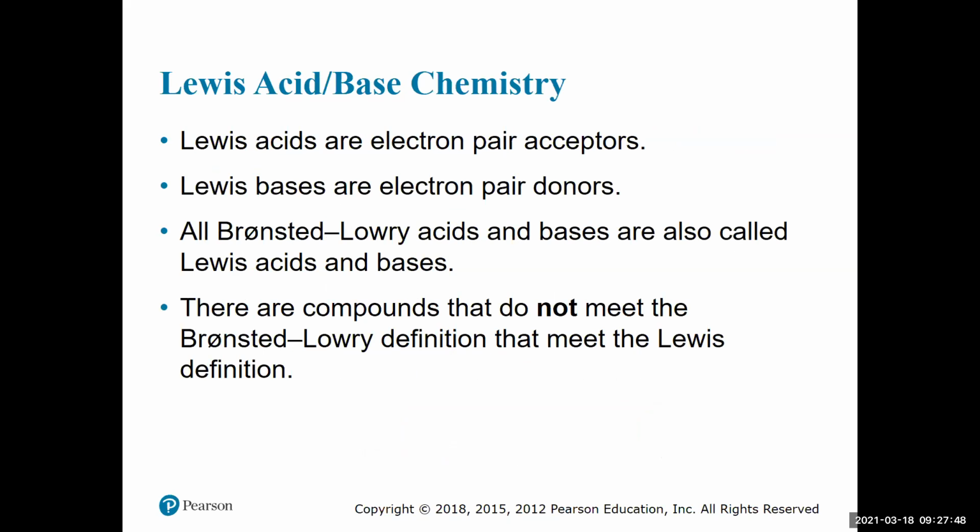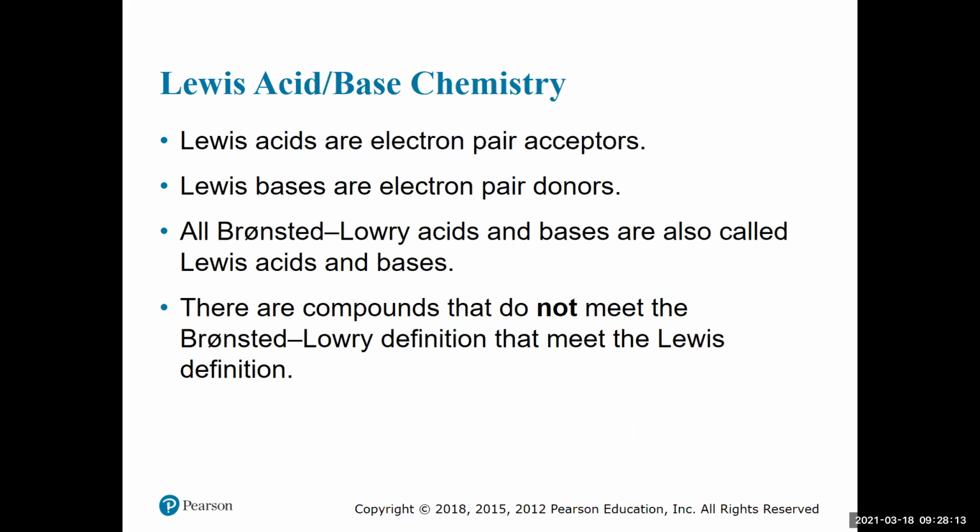Okay, so everything we've been talking about with acid-base chemistry has centered around moving protons, either picking them up or losing them and things like that. There is another type of acid and base definition, which does not involve the protons. It's called Lewis acids and Lewis bases.